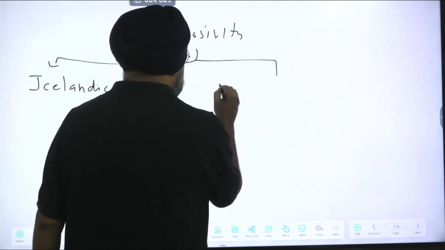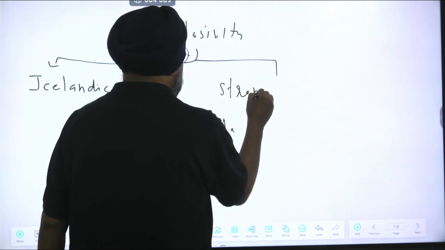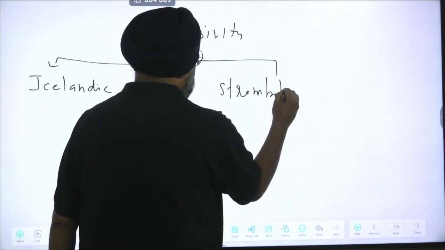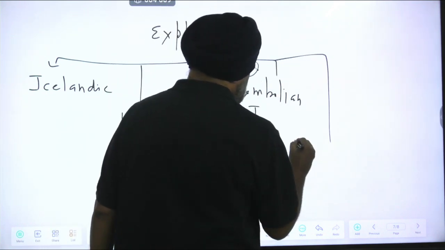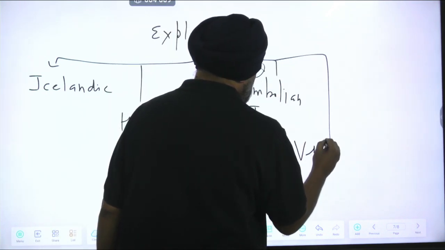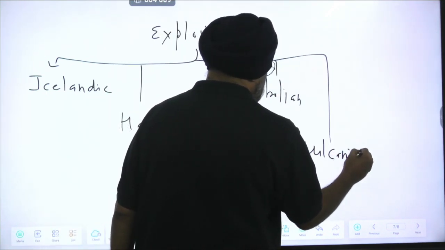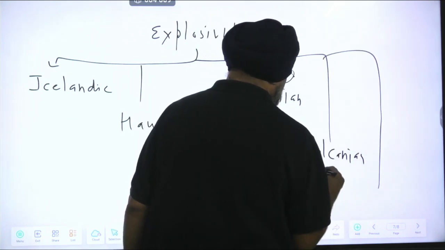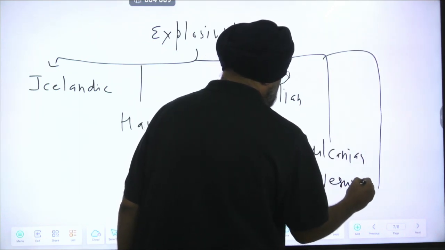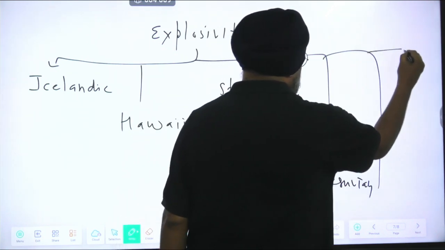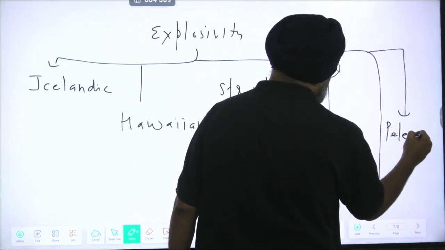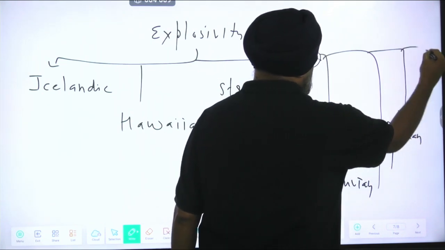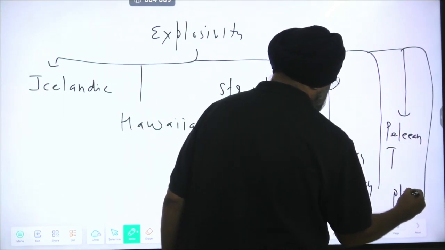Then we are having Strombolian type. Then we are having Vulcanian, Vesuvian. We are having Pelean. And then in the last, we are having Plinian.